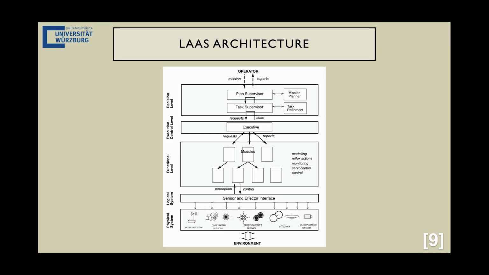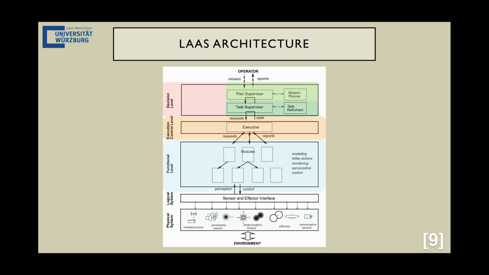Let's take a brief look at the schematic structure. We can again recognize the three main components of a three-tiered architecture: the functional level, the execution level, and the decisional level. The decisional level is now refined here and divided into two parts: the task supervisor and the plan supervisor, which are then connected to the mission planner and the task refinement, respectively.